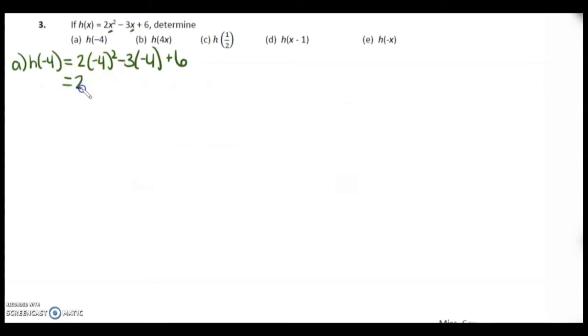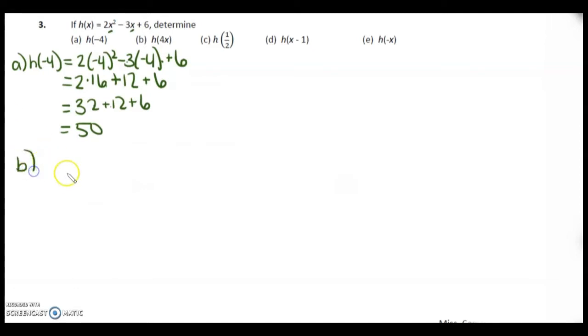Okay, so we get 2 times 16 minus, well, what's negative 3 times negative 4? Plus 12 plus 6. 2 times 16 is 32, plus 12 plus 6, 32, 44, so 50. Double check. Yep. Okay.